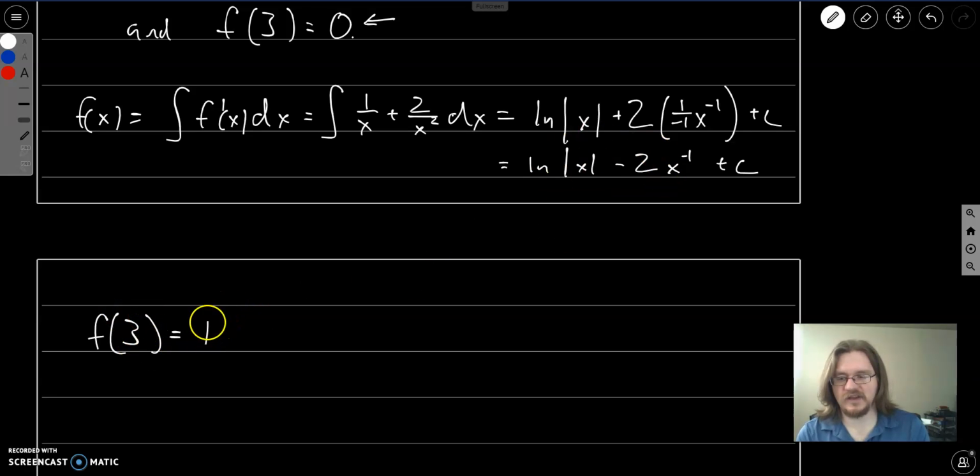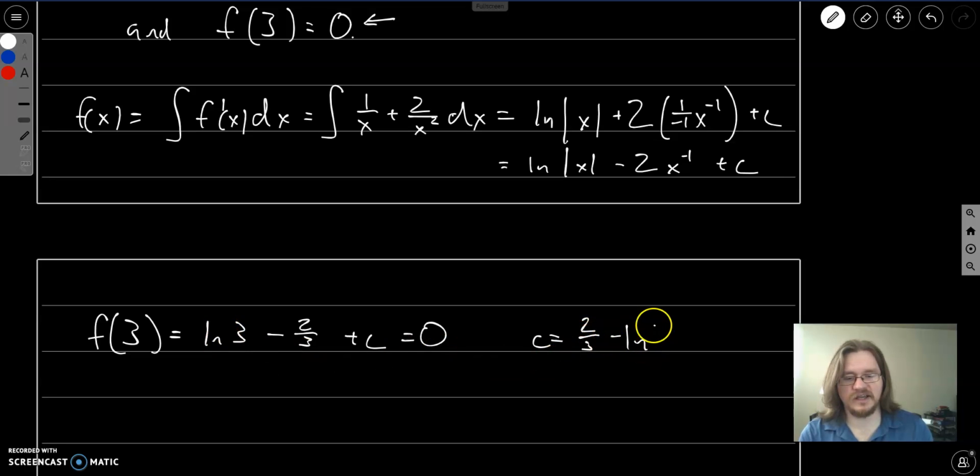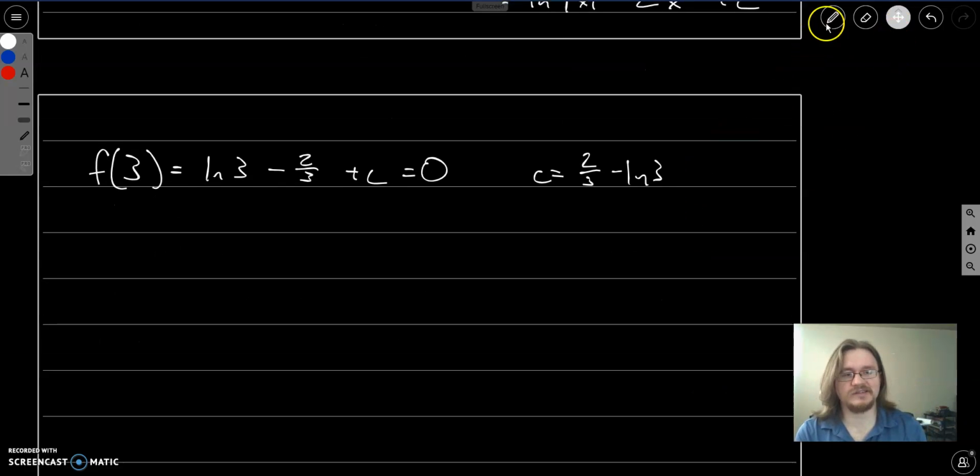I can plug that in, so I get the natural log of 3 minus 2 times 3 to the negative 1. That's 2/3 plus c, and all that's equal to 0. So I can figure out what c is. C should be, well, move the 2/3 to the other side, move the natural log of 3 to the other side, and we're good to go. This will be our answer.